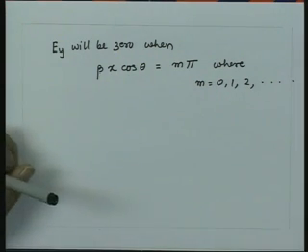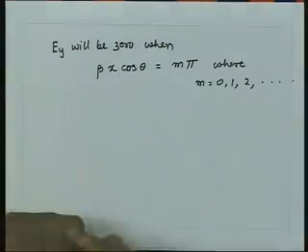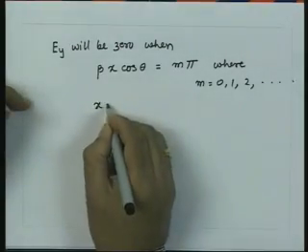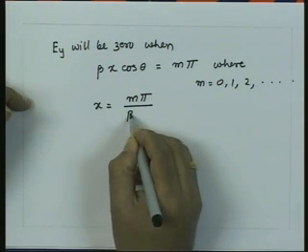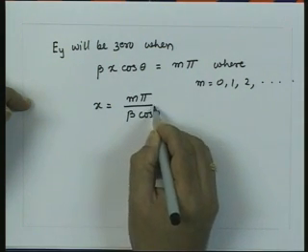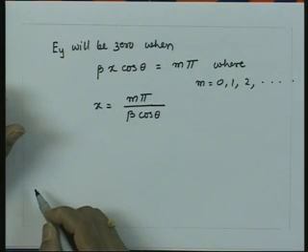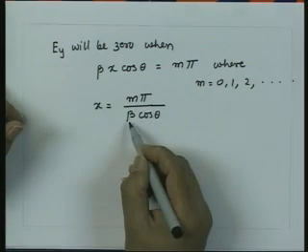So, now we have this value of x, which is given by m pi divided by beta cos theta. And what is beta?